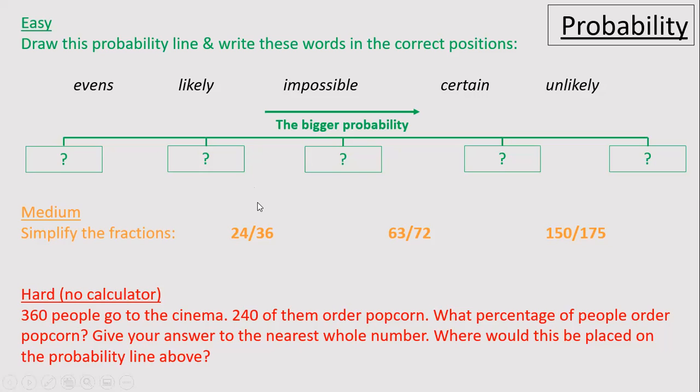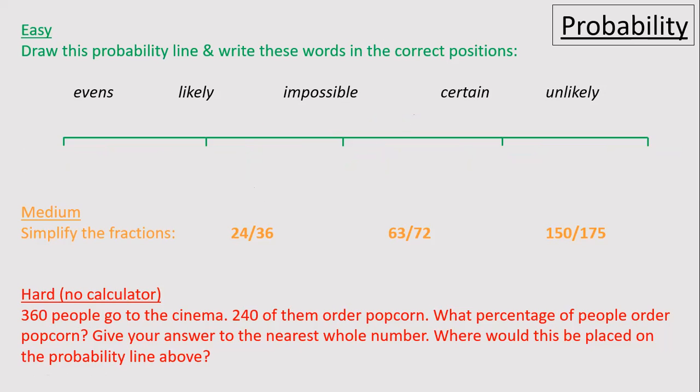Okay, so to carry on, we'll go through the answers. So the first task you were given was to draw the probability line and write these words in the correct position. So our probability line always goes from 0 on the left to 1 on the right.